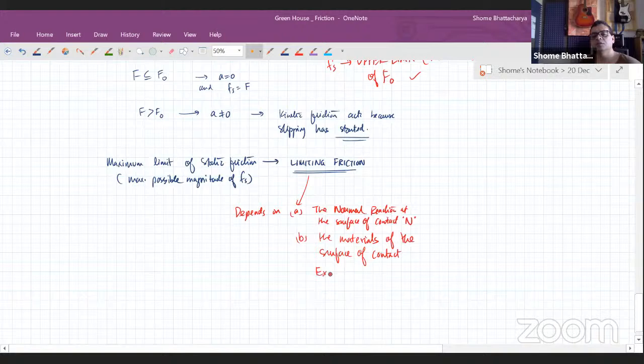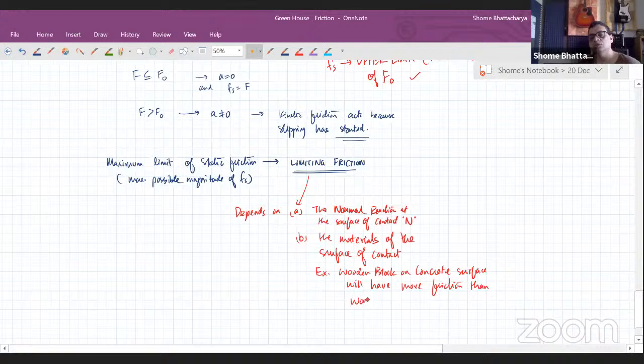So for example, a wooden block on a concrete surface will have more friction than the same wooden block on a polished marble surface.